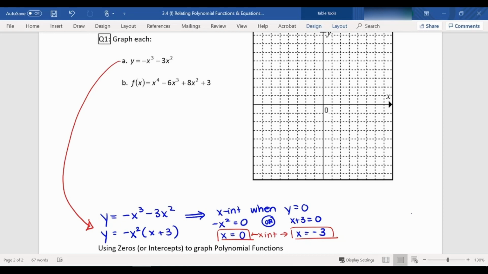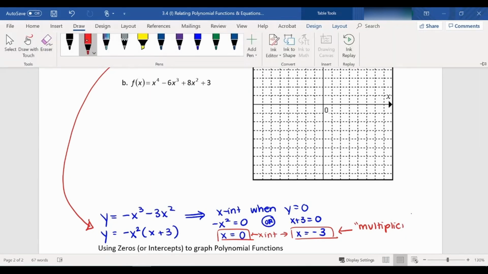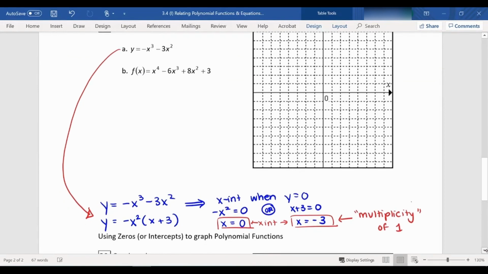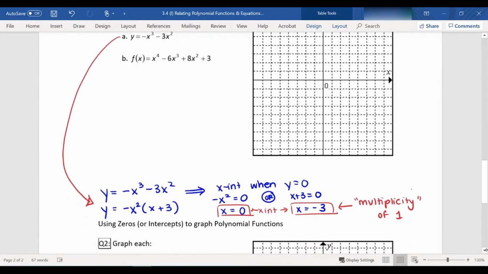Okay? So this one here has what we call a multiplicity of 1, because there was only one factor that was an x plus 3. This one here has a multiplicity of 2.